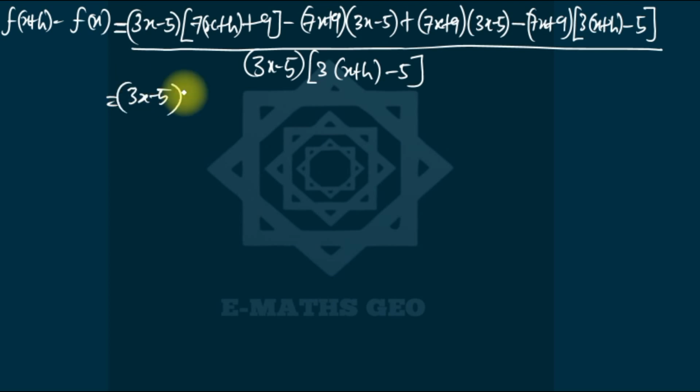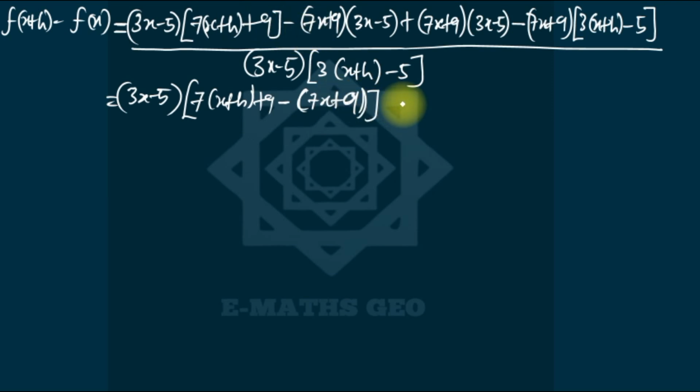minus 5. So we are left with 7 bracket x plus h plus 9 minus 7x plus 9. So we'll factor 3x minus 5. So we are left with this minus this.